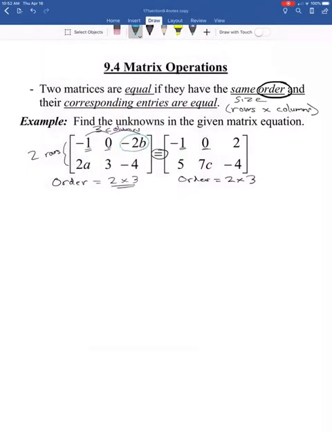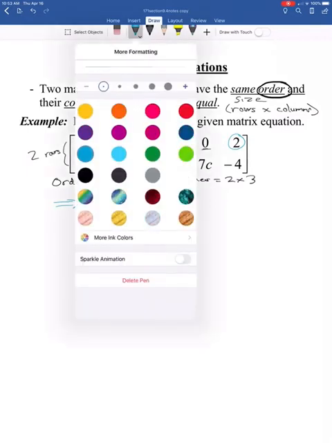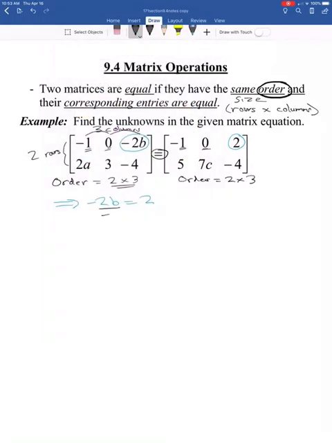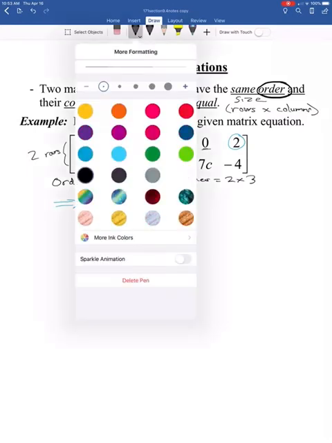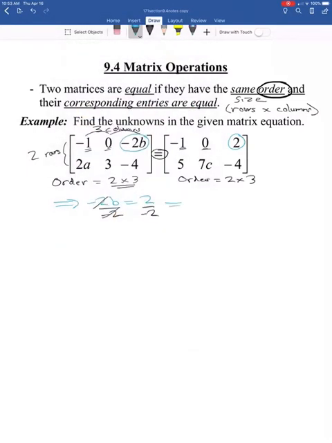If we get to row 1, column 3 entries, we got a -2b and a 2. So those are corresponding entries. So that implies -2b must equal 2. So as we solve that, let's go ahead and find b. We divide out our -2 on both sides, and that implies b must equal -1.